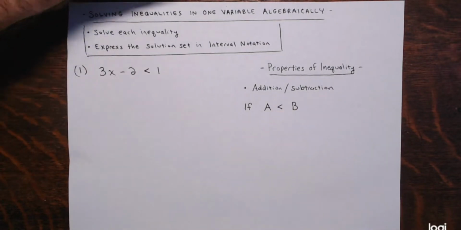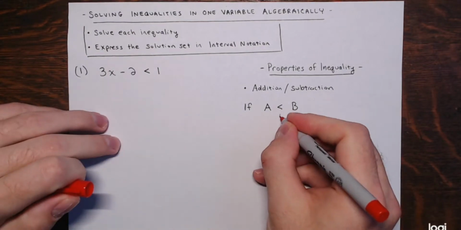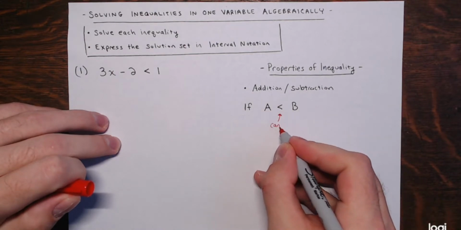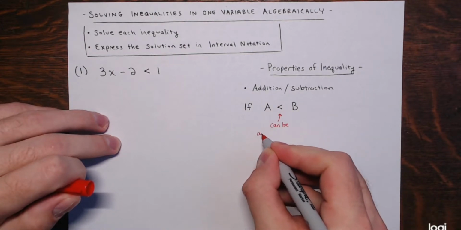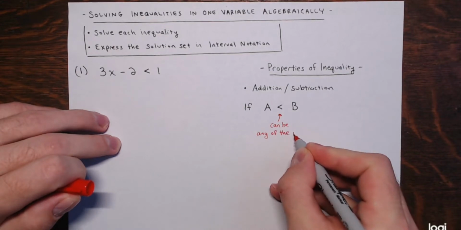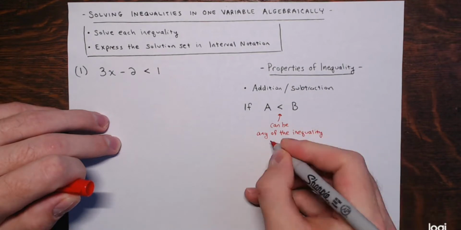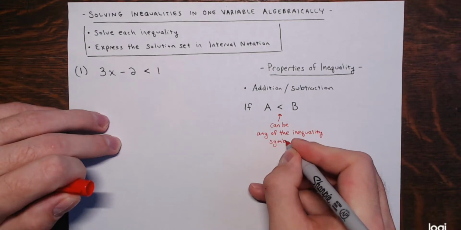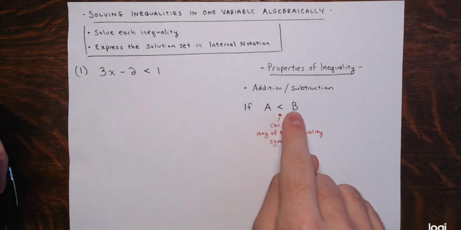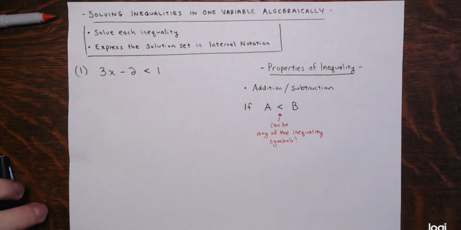Right, please understand this. I'm just using less than in all these properties, but please know that this can be any of the inequality symbols. Right. So is less than, is greater than, is less than or equal to, or is greater than or equal to. Right, any of those four.